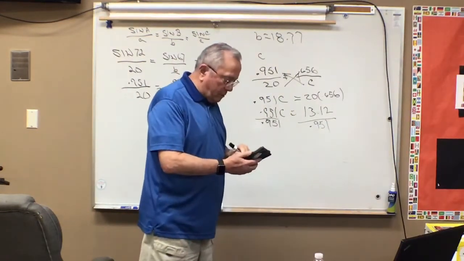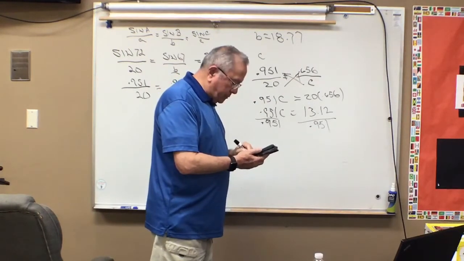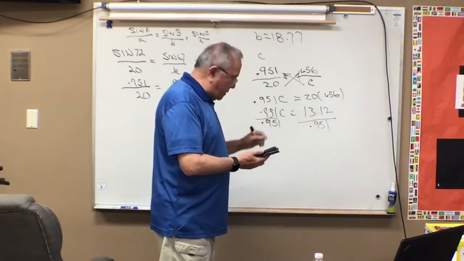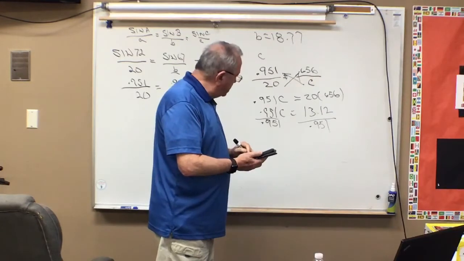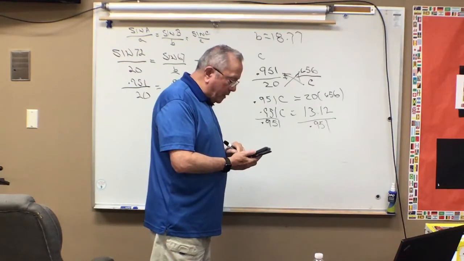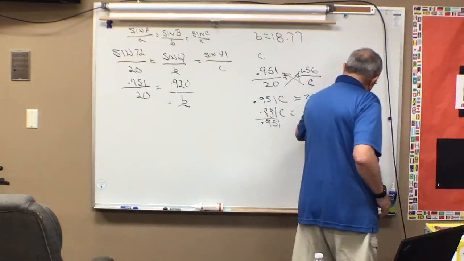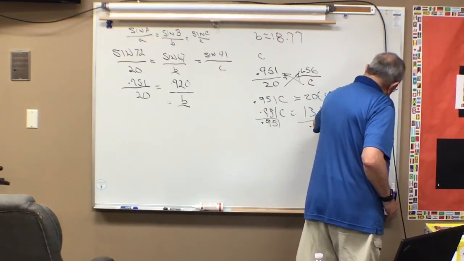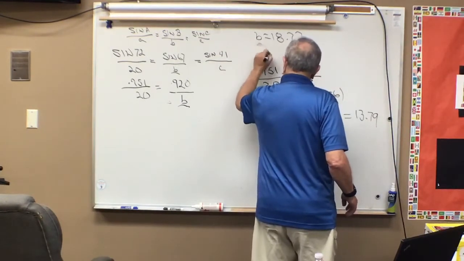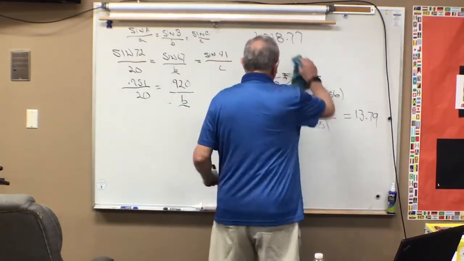All right, so it's 13.12 divided by 0.951, and it equals 13.79. So C equals 13.79.